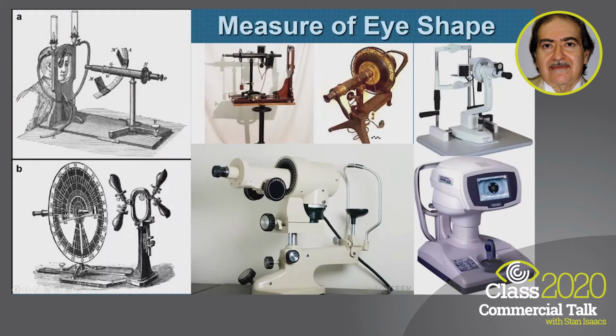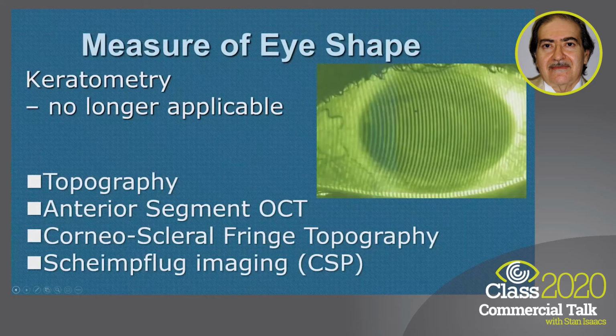Like I said, we've come a long way from what was available many, many years ago, and things have become a lot better. Now we can measure the cornea complete with the sclera without too much of a problem. In the old generation keratometry, you don't even think about that anymore because that's not applicable to current day contact lenses.